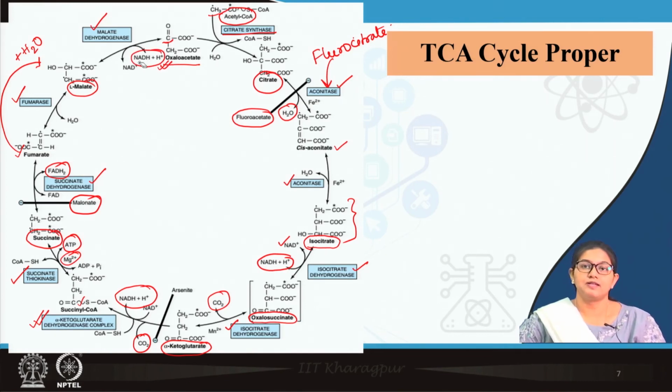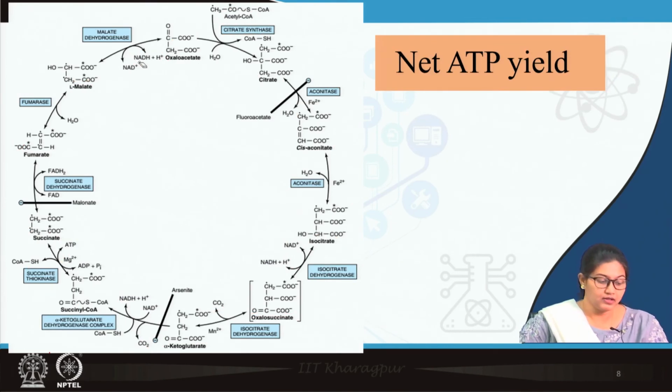So, as we have discussed that at the end of TCA cycle we are getting reducing equivalents, and those reducing equivalents are generating ATPs. So, let us see what are the net ATP production at the end of TCA cycle. So, in TCA cycle there are reducing equivalents like NADH.